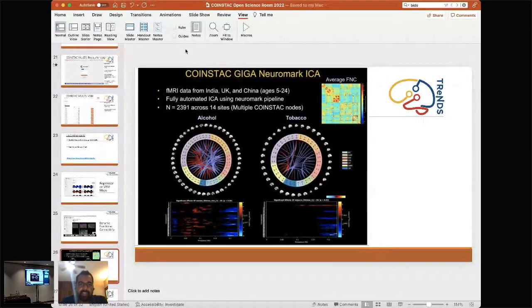And the important thing here is to notice that this is a very huge task. Outside of COINSTAC, this typically takes a lot of effort to run, and we were able to run it using COINSTAC across 14 sites and derive meaningful results.